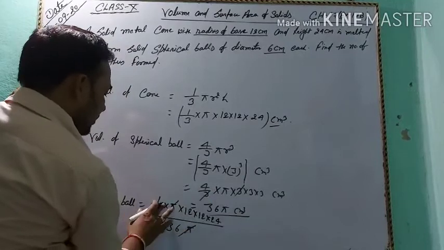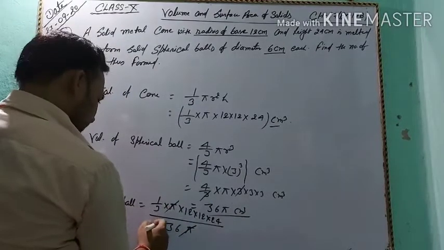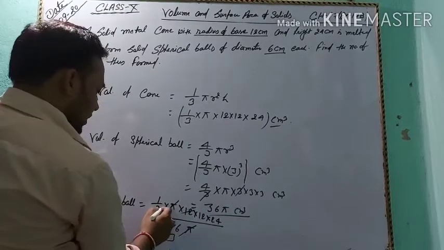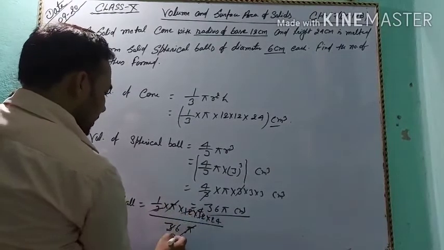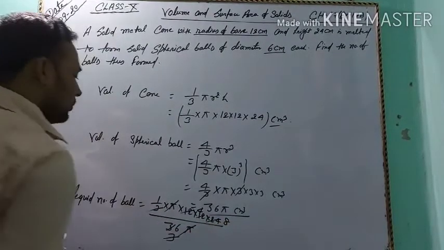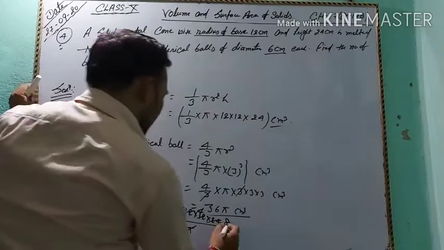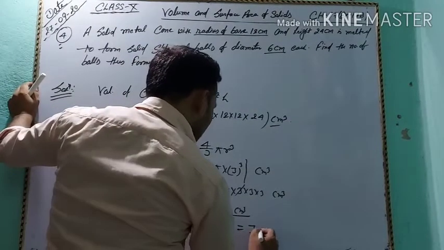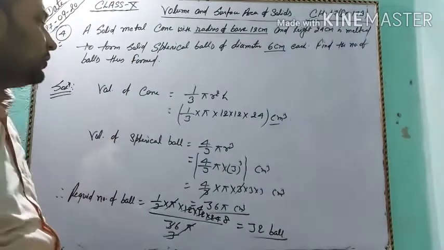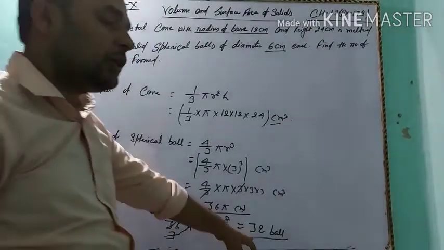Pi is cancelled, and 12 3s are 36, 3 4s are 12, 3 8s are 24, that is 8 4s are 32 balls. So students, required number of balls equal to 32.